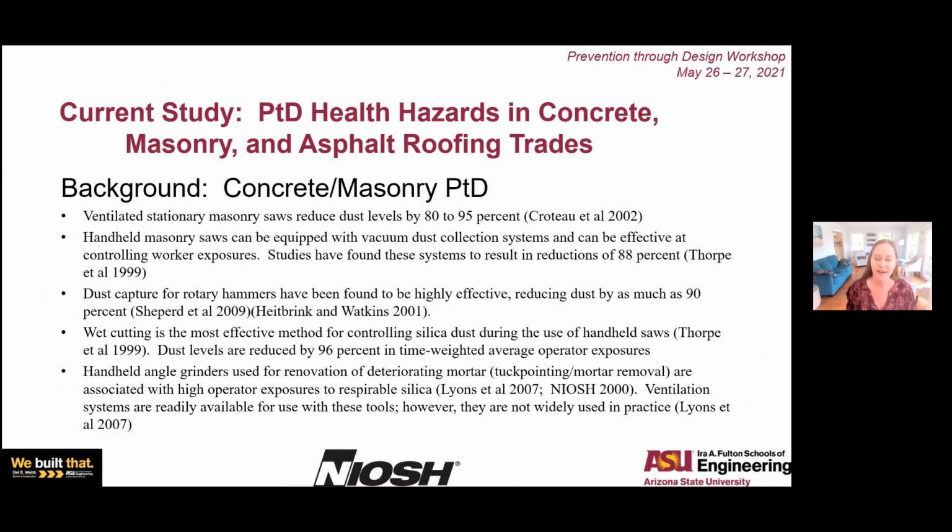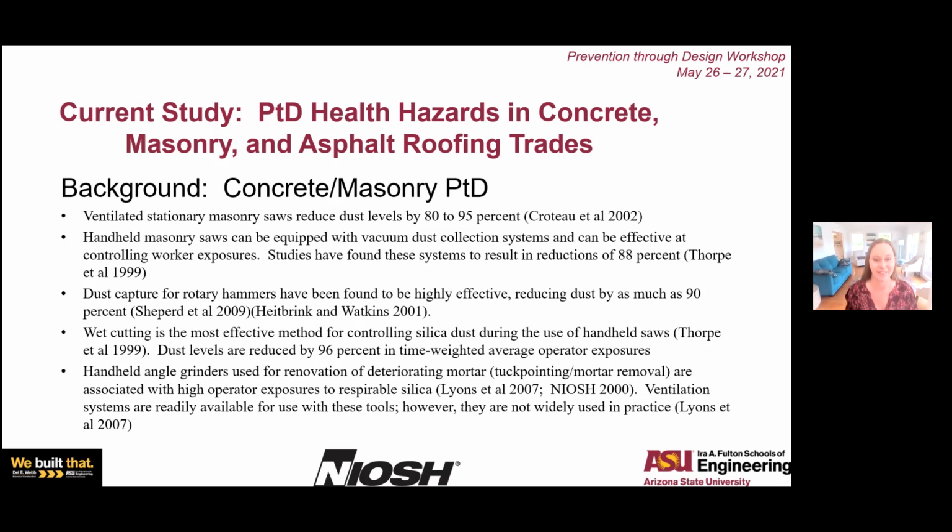And there are many very highly effective design solutions to either eliminate or greatly reduce this risk. We have ventilated tools like masonry saws, handheld saws, and they can reduce the dust by 80, 95, 96%.